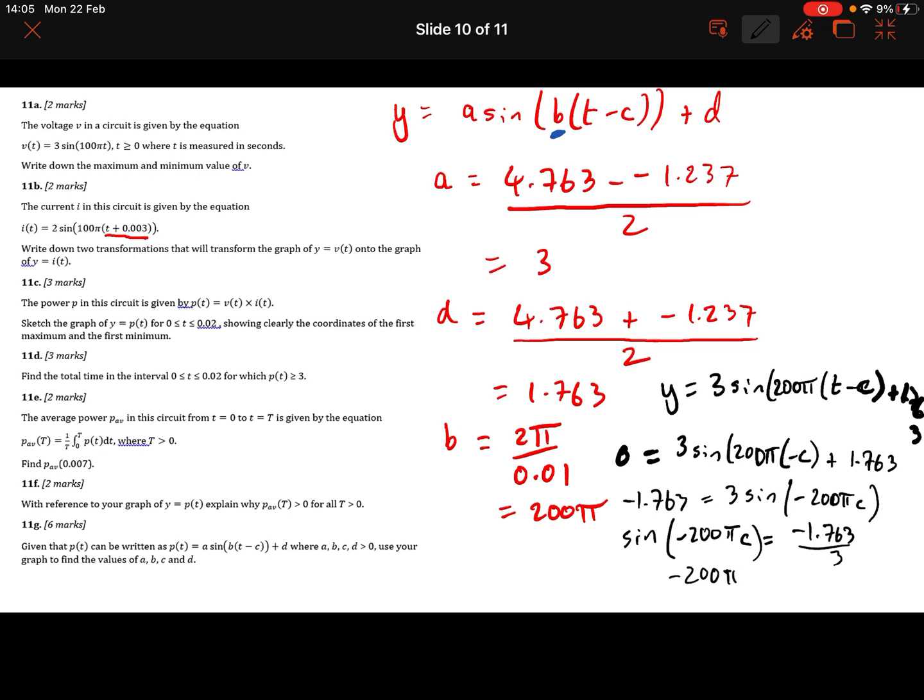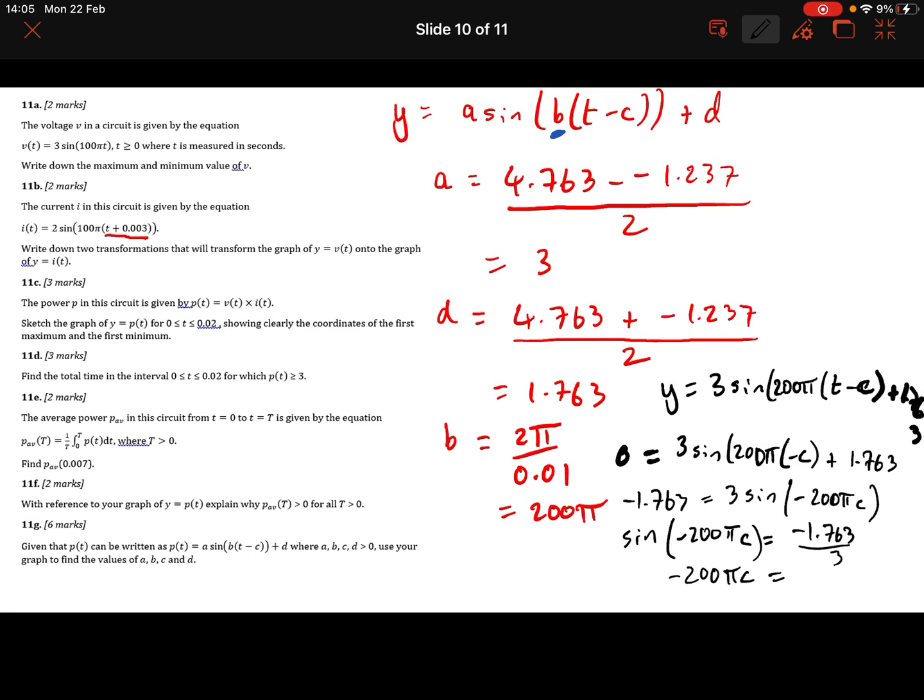Okay, so we got minus 0.628. And so C is equal to minus 0.628 divided by 200 pi.